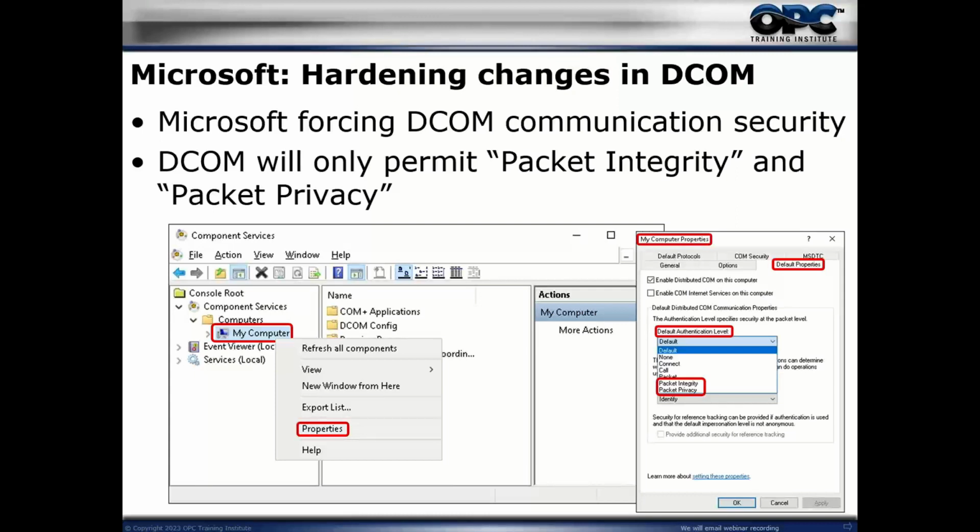That means it affects OPC DA 1, 2, and 3. It also affects HDA, historical data access, because it also uses DCOM. It also affects OPC Alarms and Events because it also uses DCOM. So any communication using DCOM is affected by this.